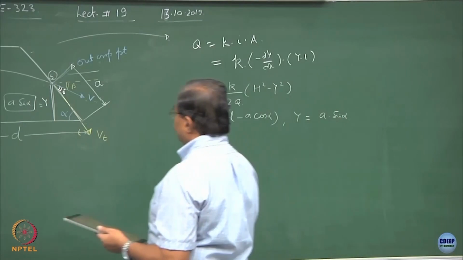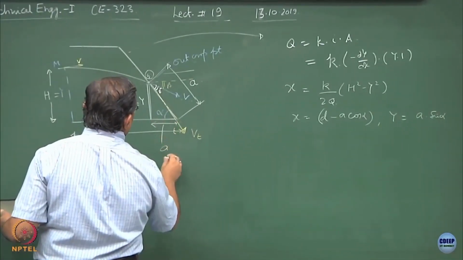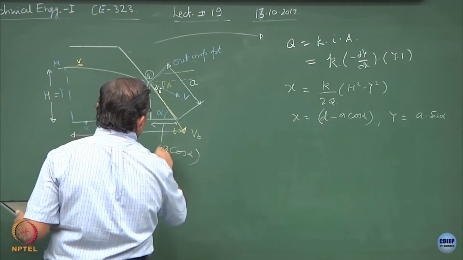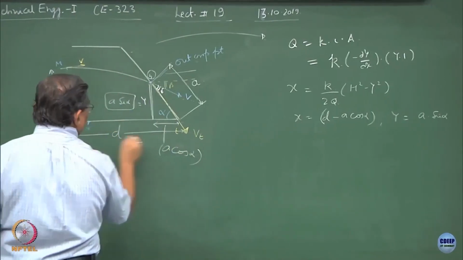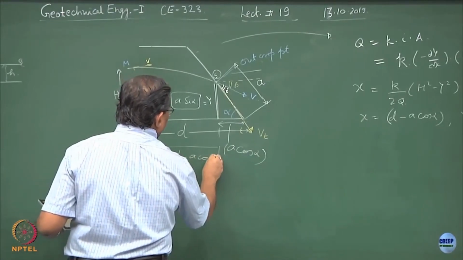Is this okay? So, this much is A cos alpha, so this distance would be D minus A cos alpha.